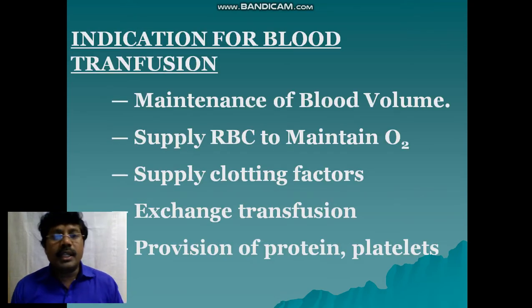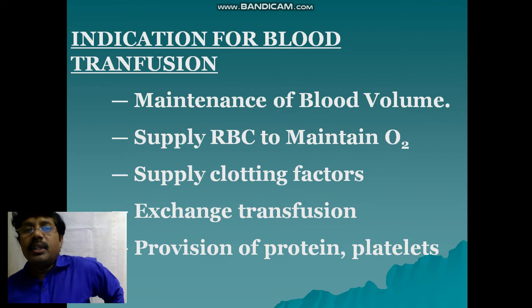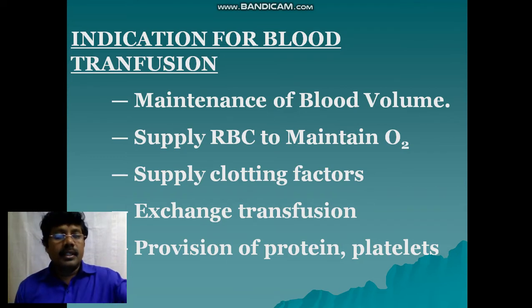Indications for blood transfusion: if the patient gets major injuries, blood loss, or major fractures, those people require emergency blood transfusion. If a patient has difficulty in breathing due to a reduced amount of hemoglobin, this oxygen suppression gives more trouble to the patient.